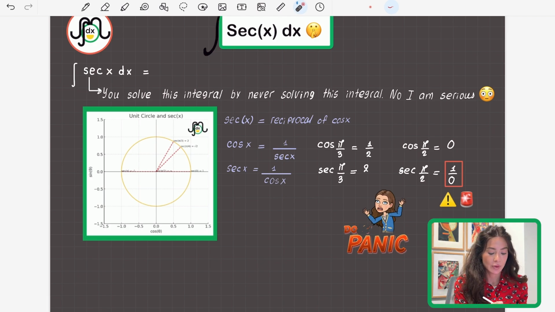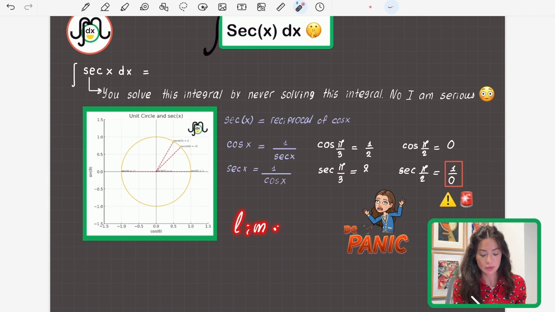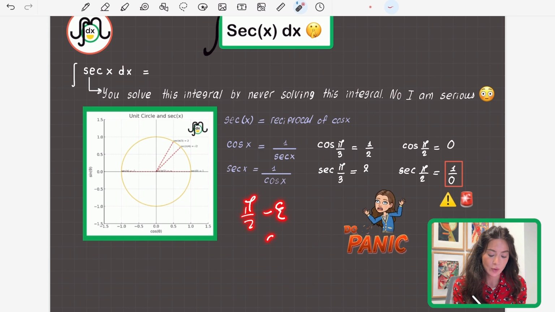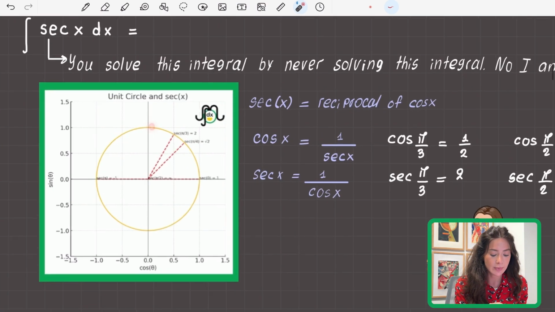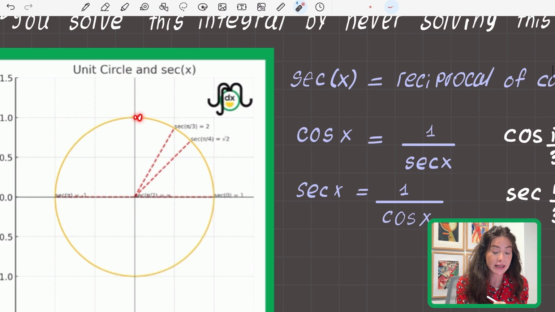The way that Barrow, the teacher of Isaac Newton, was able to solve this integral was by using secant x up to pi over 2 minus epsilon, where epsilon is very close to 0. So you're a little bit on the left side. You're never hitting pi over 2 exactly, where this function blows up.